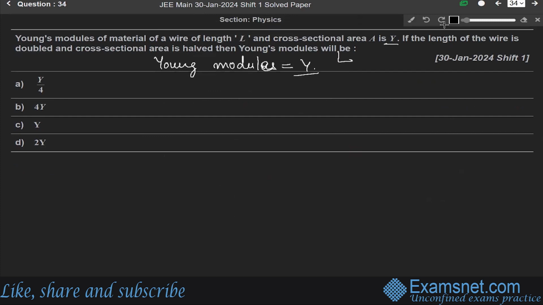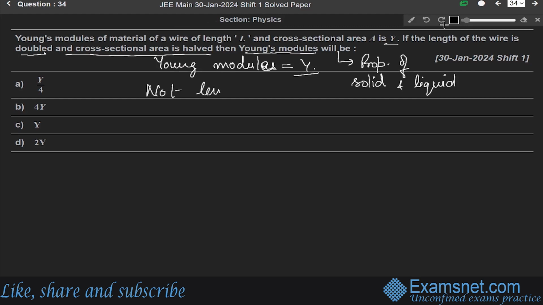This question is from the chapter of properties of solids and liquids. Students, Young's modulus is a material property. It depends only on the material, not on the length and cross-sectional area.